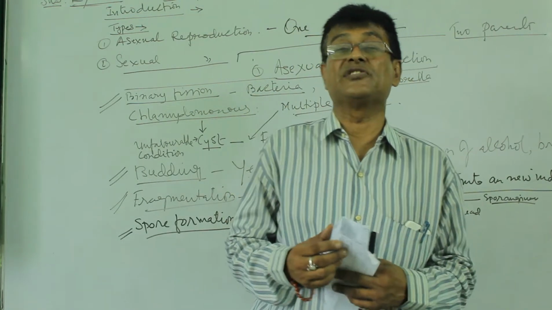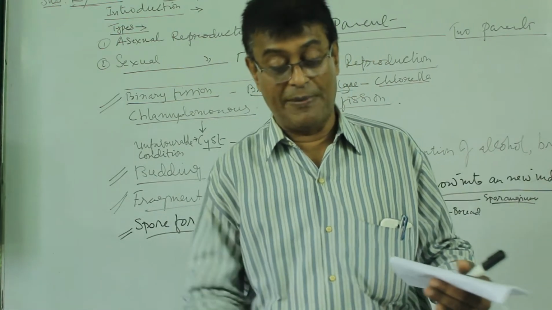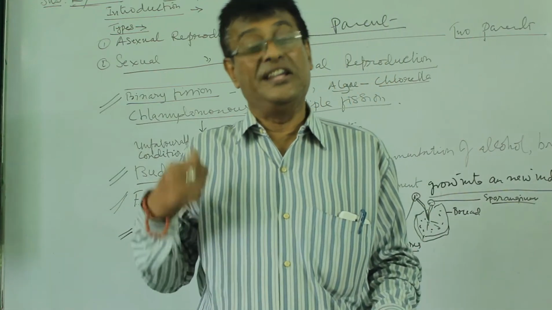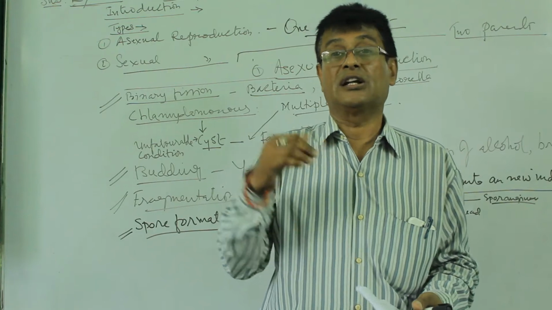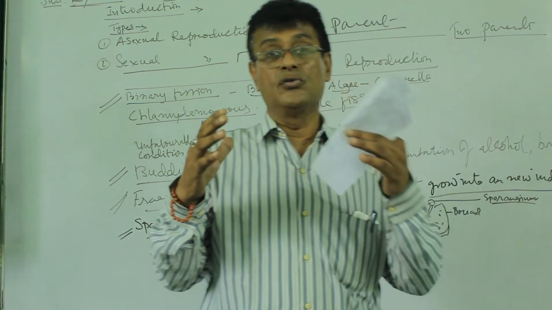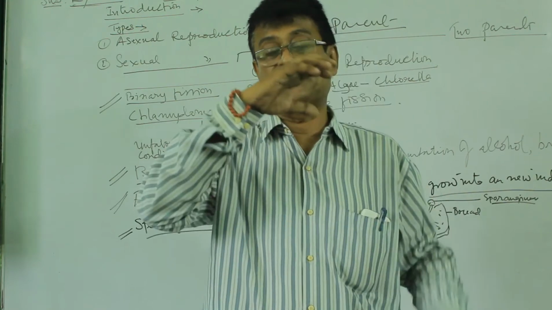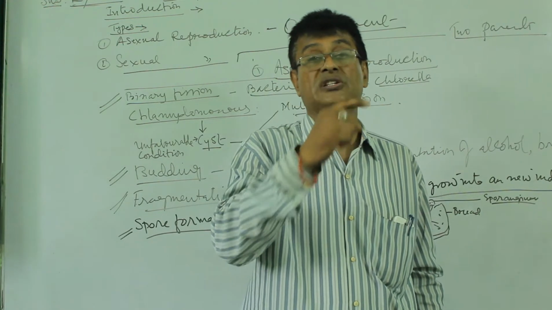Children, if there is an Air Force attack, bombing and all that, people go into a bunker and stay there for some time. When the attack is over, they come out. Here it is like that. In unfavorable condition, chlamydomonas forms a cyst and stays there until favorable conditions come.